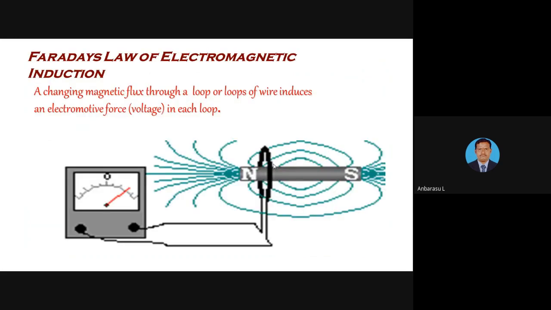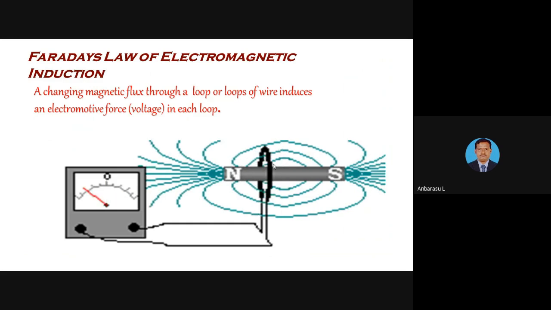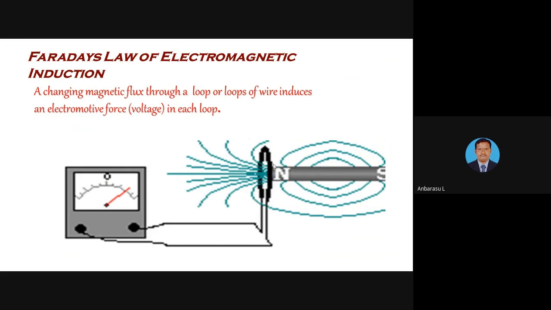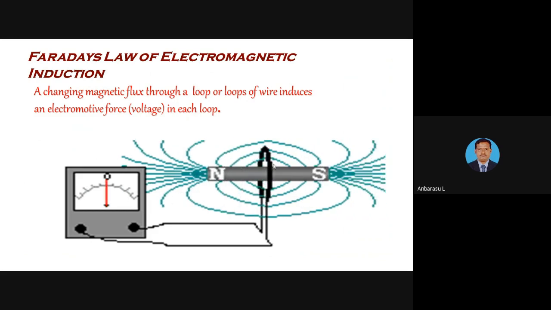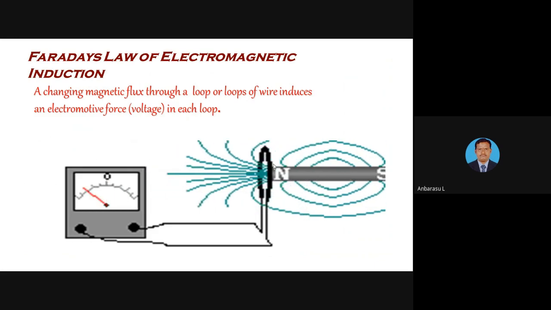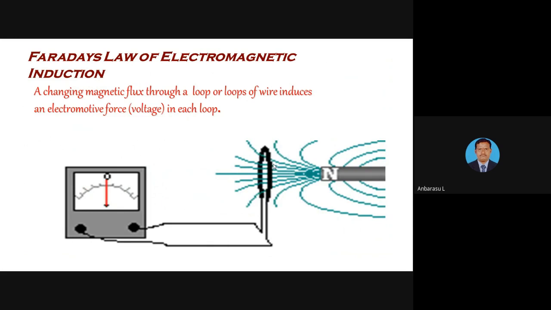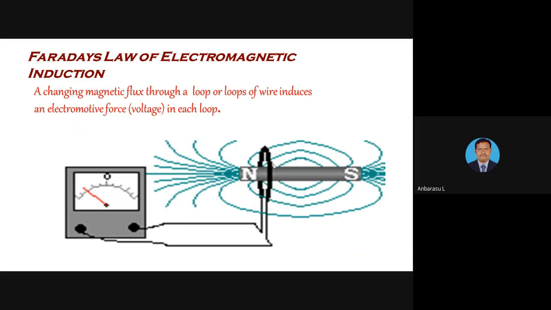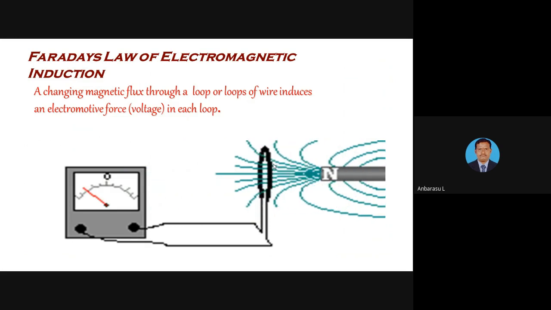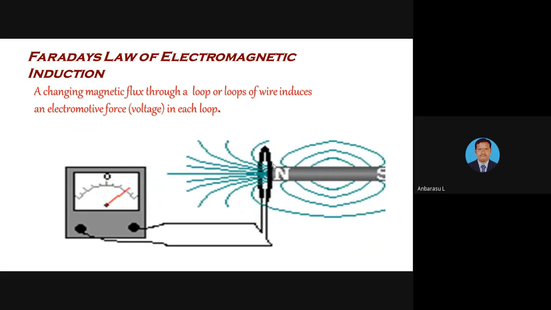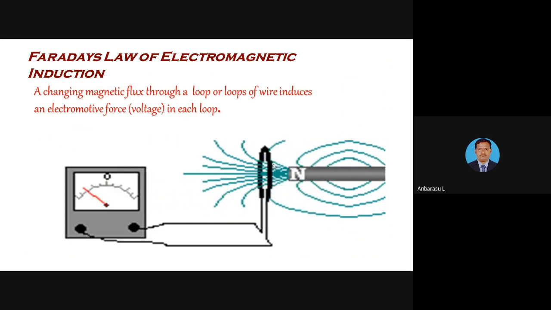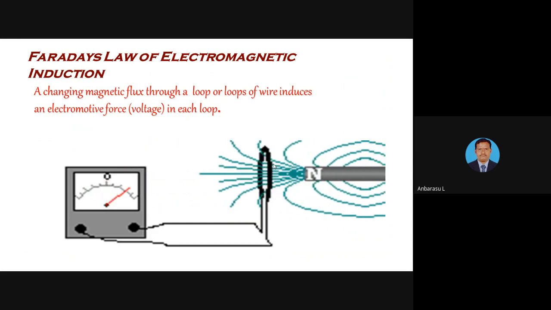Here is a simple experimental setup behind Faraday's law of electromagnetic induction. The coil is connected across a galvanometer, and a permanent magnet is moved towards the coil and away from the coil. Then what will we see in this experiment? Towards the coil, the current direction is one direction. Away from the coil, the current direction is opposite to the previous one.